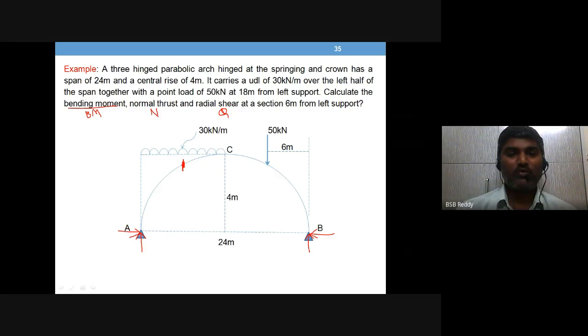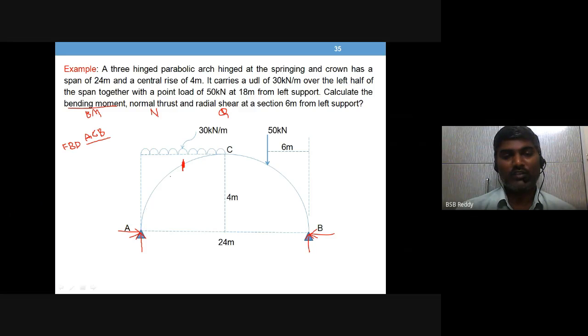So how we solve the external reactions is by the regular procedure that we employed even for circular arch geometry also. First draw the free body diagram of the full arch, FBD of ACB.